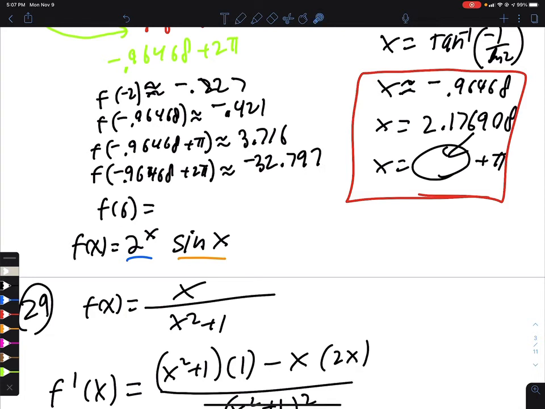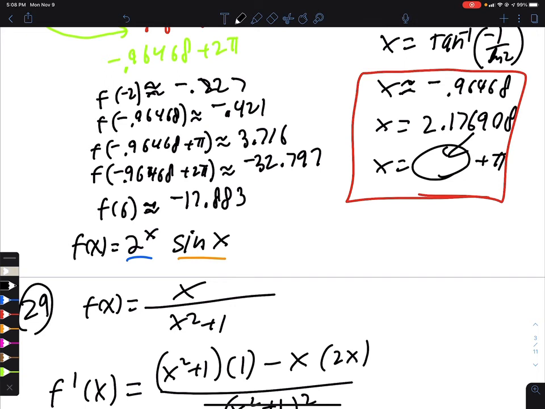And then finally we plug in 6 here and here, and when we do that, that'll get us -17.883, and that's approximate.